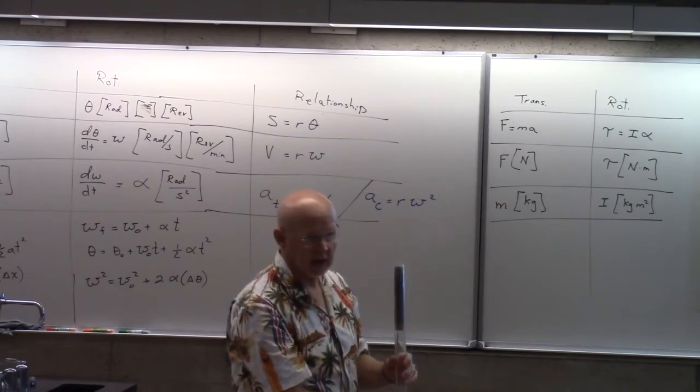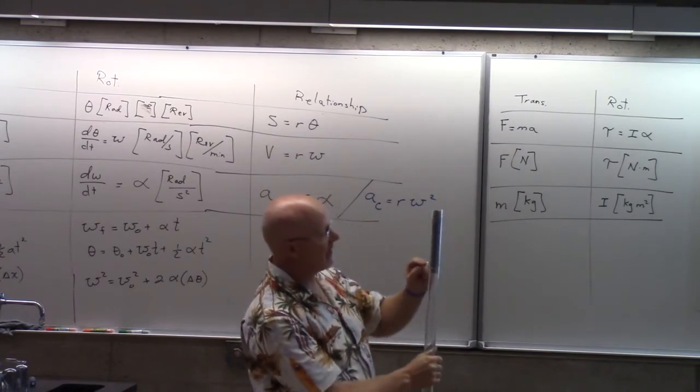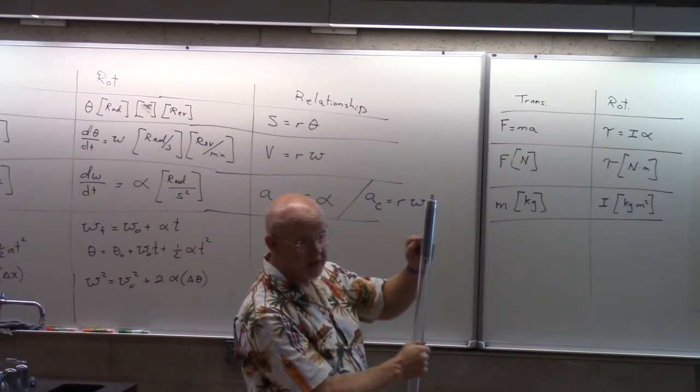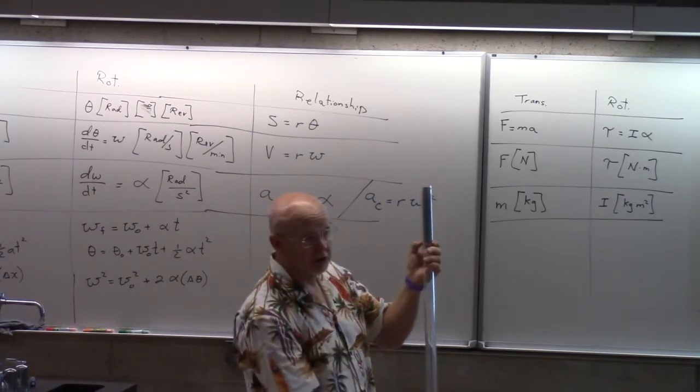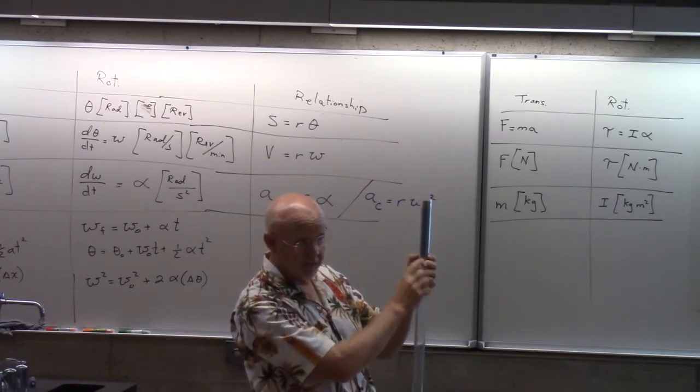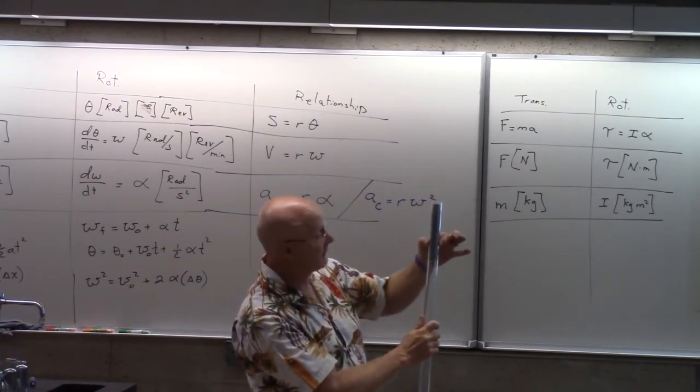Now, here's where it's going to get a little more complicated. I don't just have one chunk of mass. I've got a bunch of BBs in here. And so these BBs are a little closer, but they're still kind of far. Then these are even further, and these are further, and these are further.